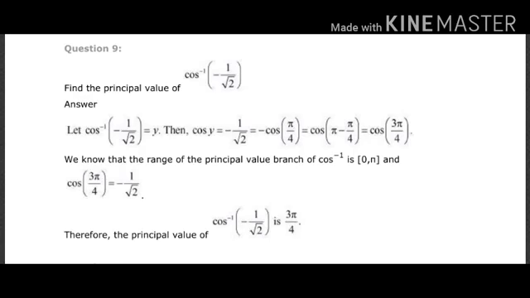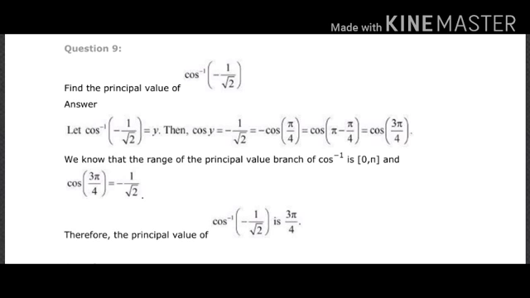Question number 9 says, find the principal value of cos inverse minus 1 by root 2. Again in the same way, assume the question as y, cos y is equal to minus 1 by root 2. Then 1 by root 2 we know is cos pi by 4, and we can write cos as cos pi minus pi by 4, cos 3 pi by 4 after solving pi minus pi by 4.